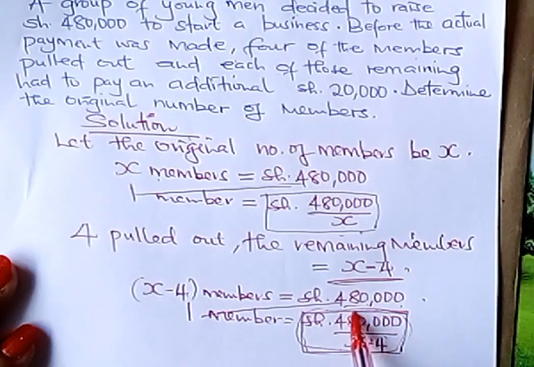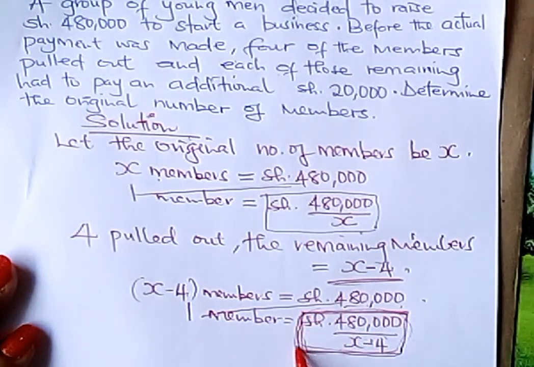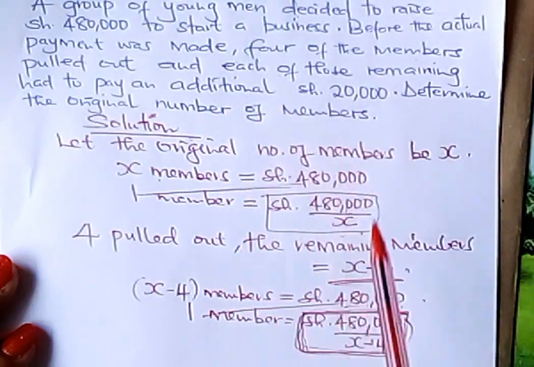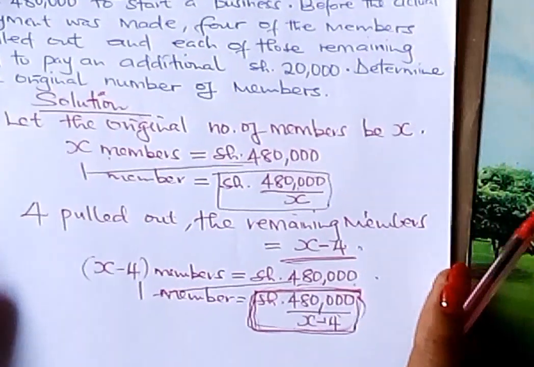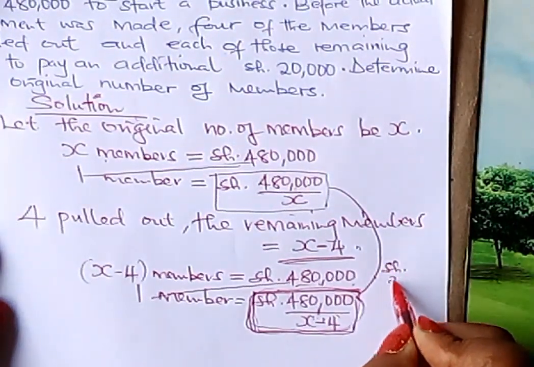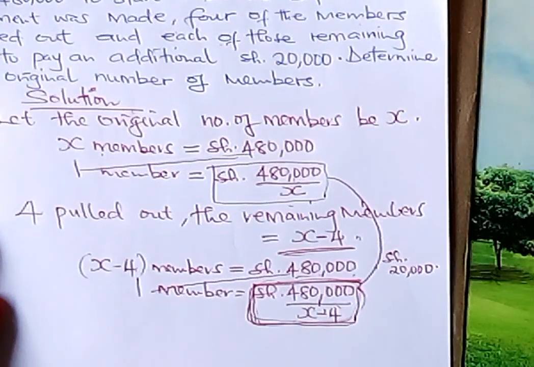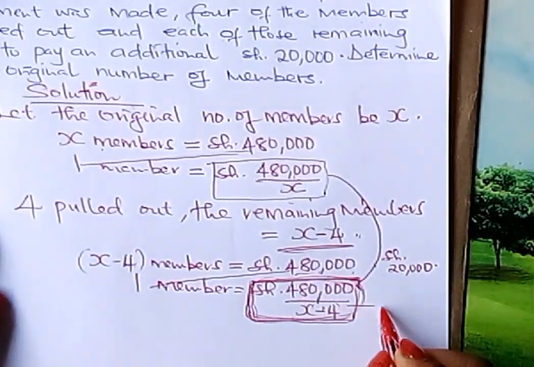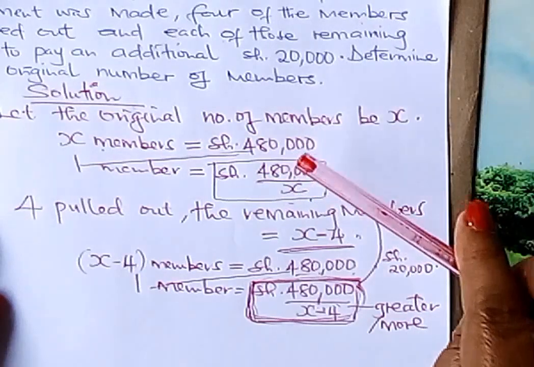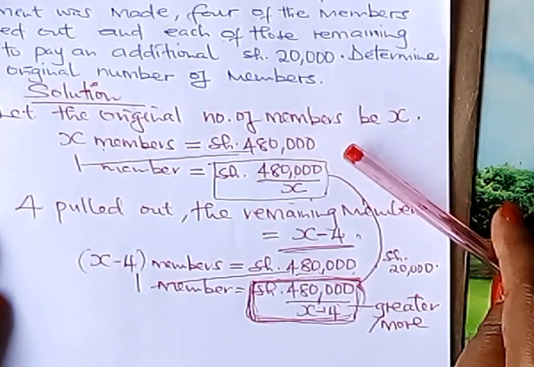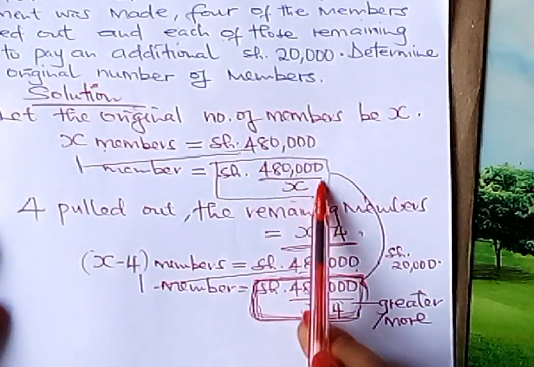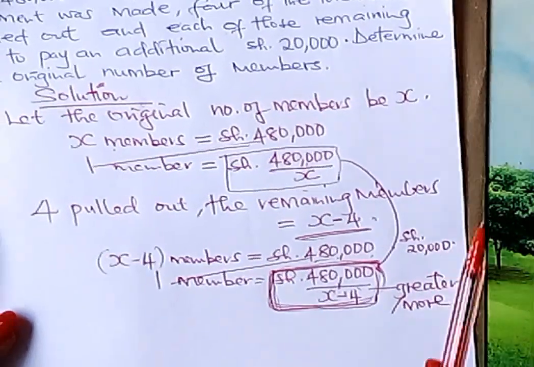So each member this time round will contribute more than the original amount, and we are told the difference is shillings 20,000. So if you take the bigger amount and subtract the lower amount, you should get 20,000 as the difference.